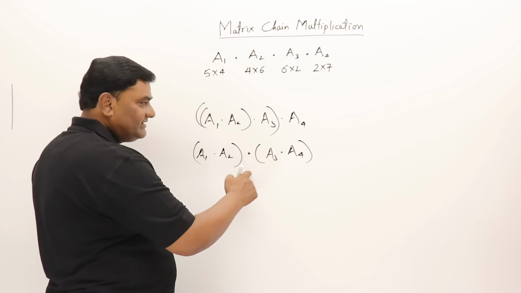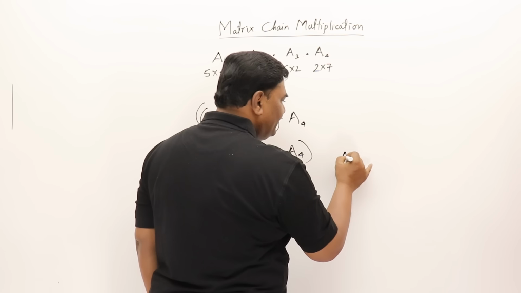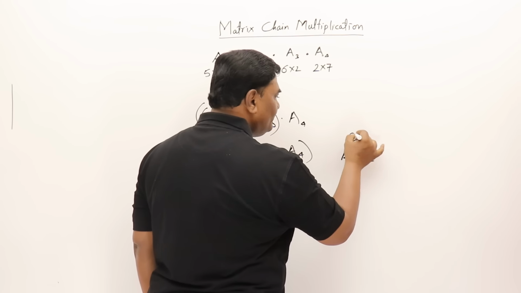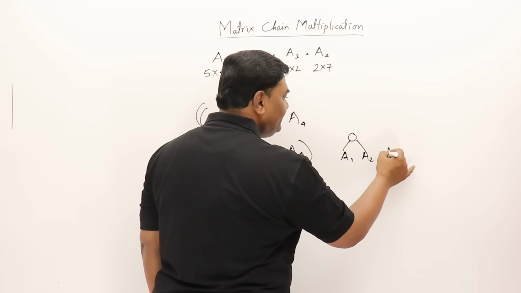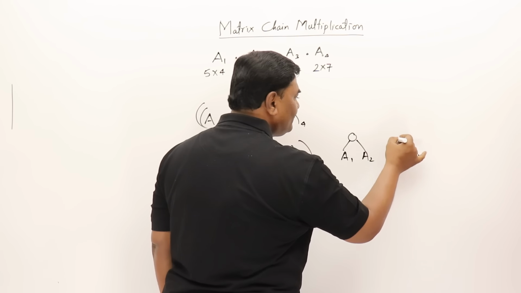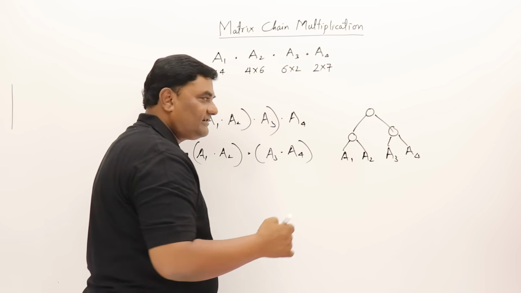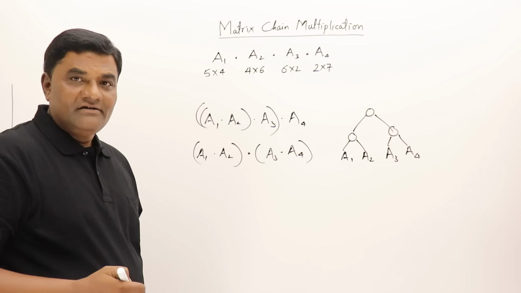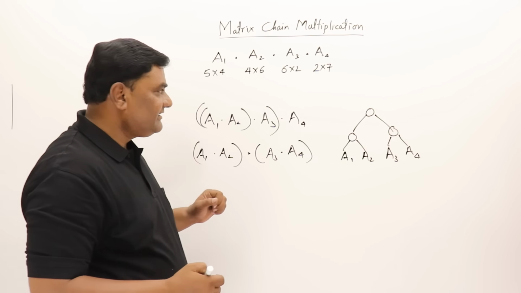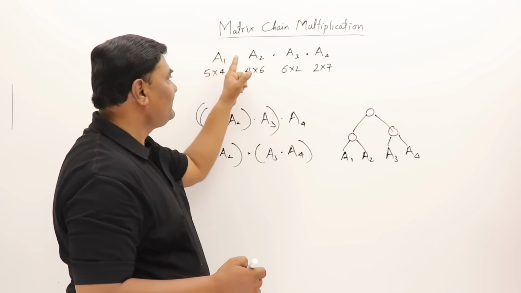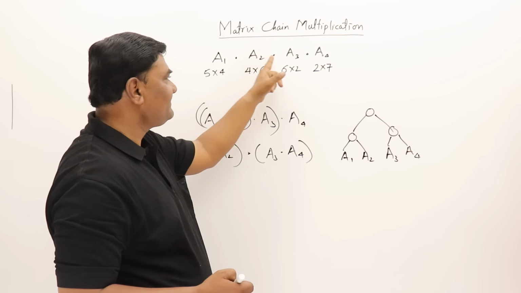If I show this in the form of a tree, A1 is multiplied with A2, then A3 is multiplied with A4, then their results are multiplied. So it's forming like a tree. If you see this, it's forming a tree with how many nodes? 3 nodes, because there are 3 multiplications out of 4 matrices.